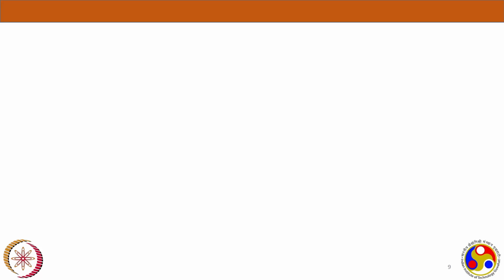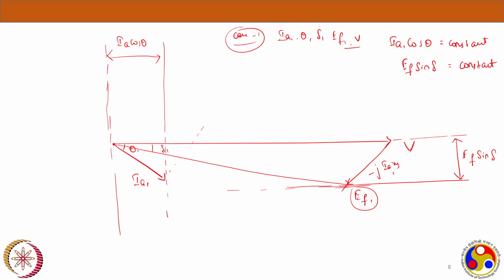Now, if we increase the field current, I'm increasing my excitation, so my EF would increase, and my jIA XS would increase, and then I can draw my IA in a similar way and see what the power factor of it is.